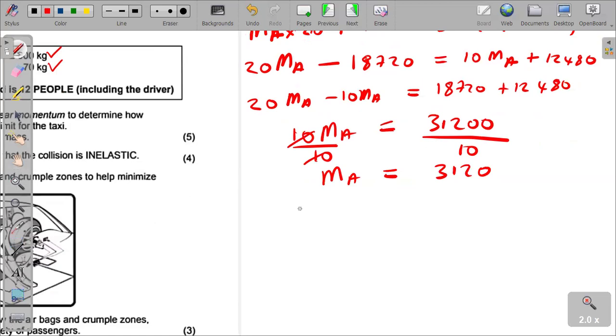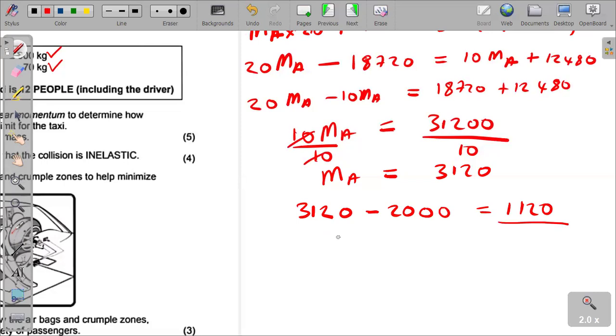So first things first, let's subtract the net mass of the taxi. 3,120 minus 2,000, before it has been loaded. So what do we end up having? We end up having 1,120. So the 1,120 is now the mass of all the passengers, including the driver.